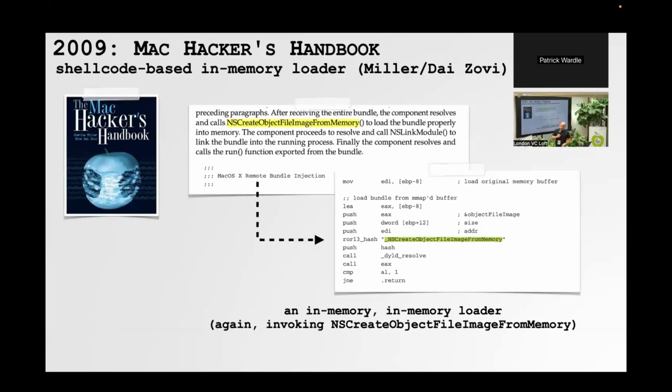A few years later, in 2009, the very informative Mac Hacker's Handbook was released, and they included a shellcode-based payload that essentially re-implemented Apple's in-memory loading that allowed you to execute compiled code directly from a shellcode-based payload. Super, super cool.